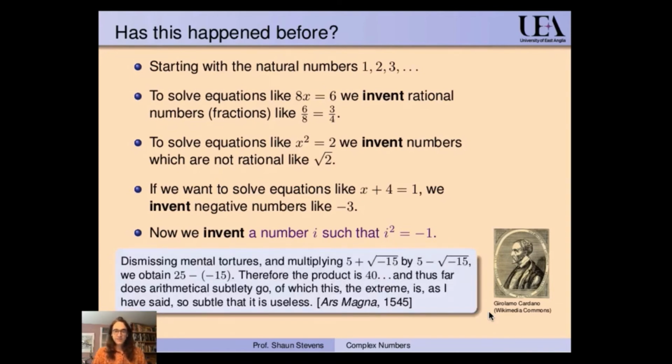He multiplies some negative square roots, but he uses some words. He says, dismissing mental tortures. He talks about this in terms of arithmetical subtlety, and he talks about it being useless, except that it ends up giving him the right answer. So it's a thing that he doesn't understand what he's doing.